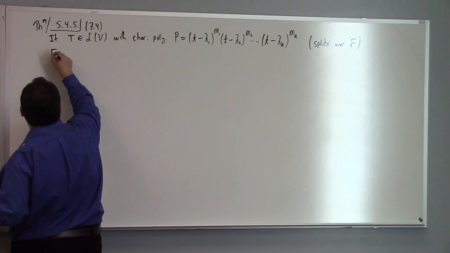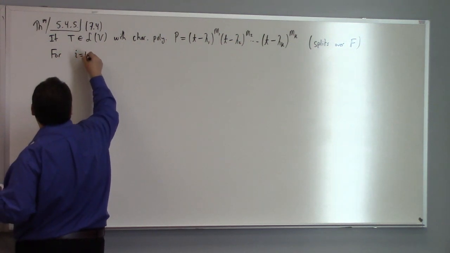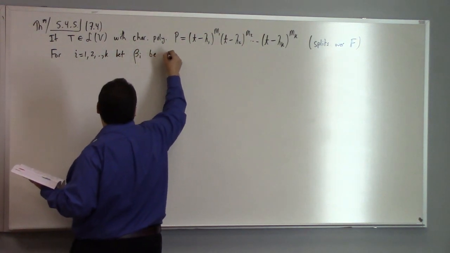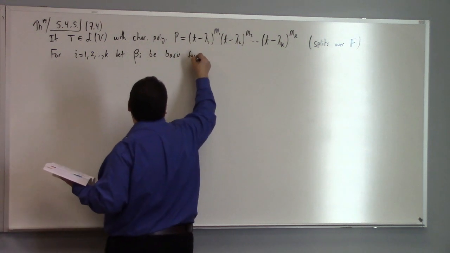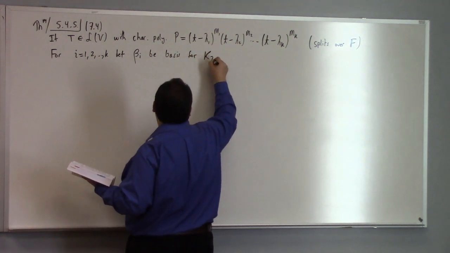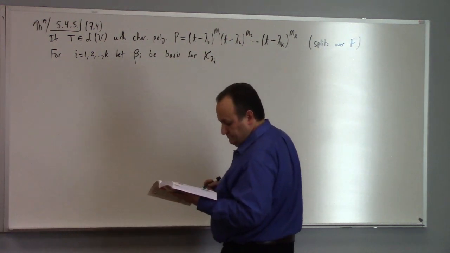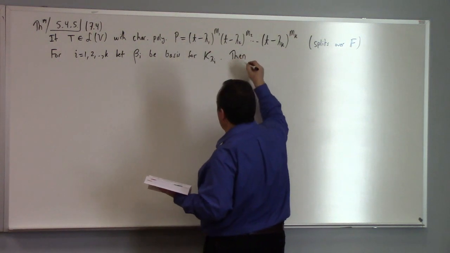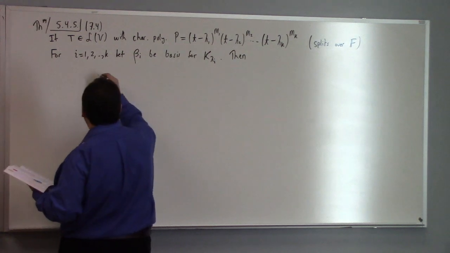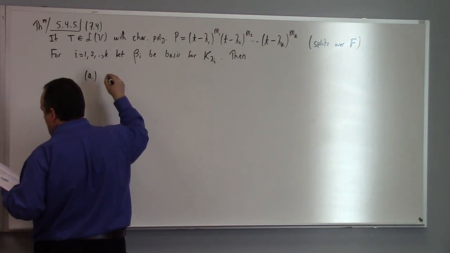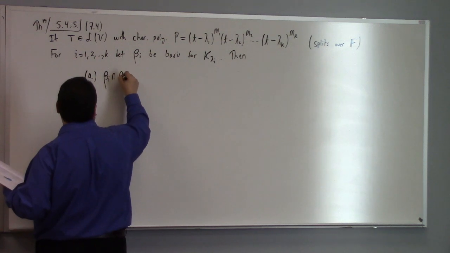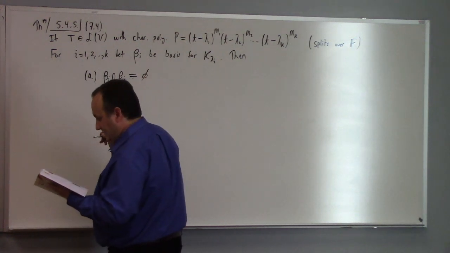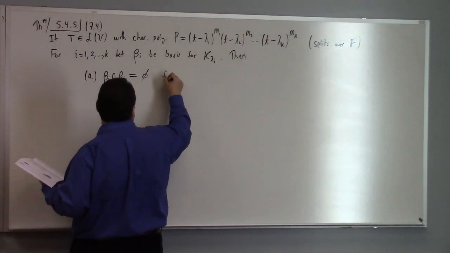Then for I equals 1, 2 all the way out to K, let beta sub I be a basis for K lambda sub I, all right? Then here's the deal. A: beta I intersect beta j is the empty set for I not equal to j.